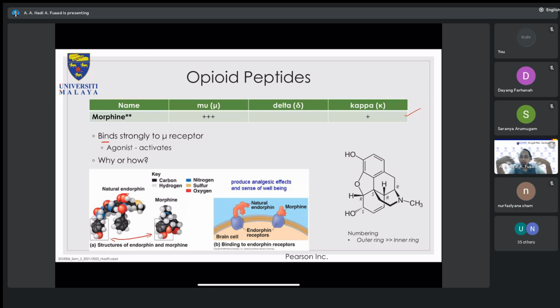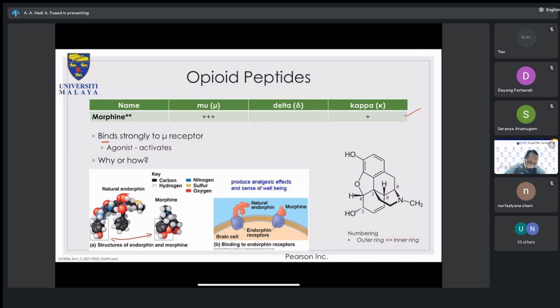And from here, you can perhaps predict that this region that has similarities is the one that is more important for that particular structure to activate the opioid receptors. And that is also true, as we will see on structural activity relationship after this.